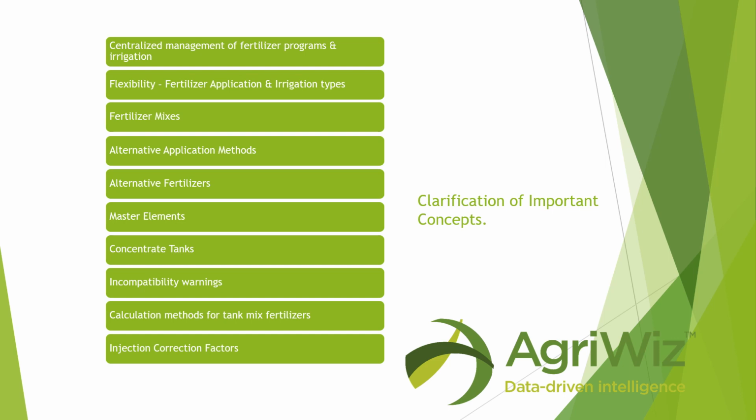The concept of fertilizer mixes, alternative application methods, alternative fertilizers, the new idea of master elements, concentrate tanks, incompatibility warnings, calculation methods for tank mix fertilizers, and injection correction factors. I know that some of these topics may not be relevant to you, but I hope they will be of use to you in future planning for your farm.